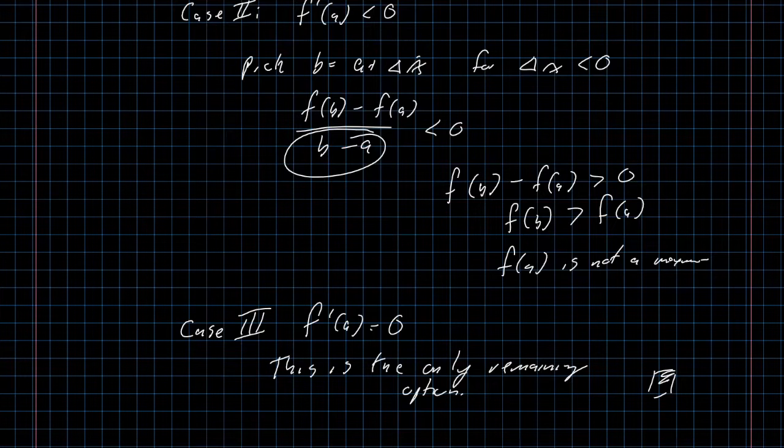All right, well, we know that extrema have to exist. We've established that when they exist, the derivative might be undefined. It can't be positive, it can't be negative. The only thing left is equal to zero.